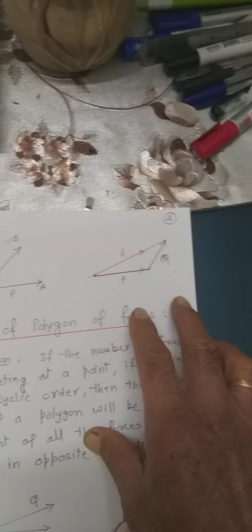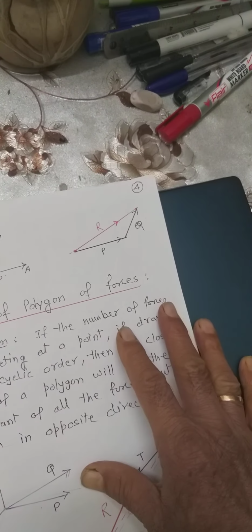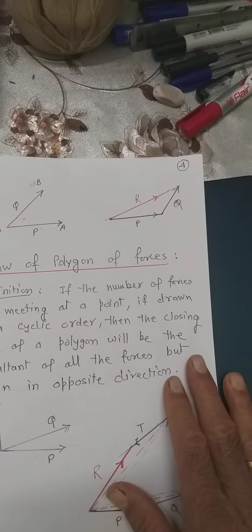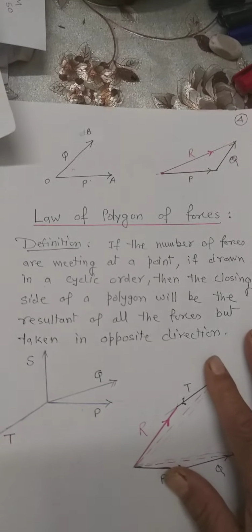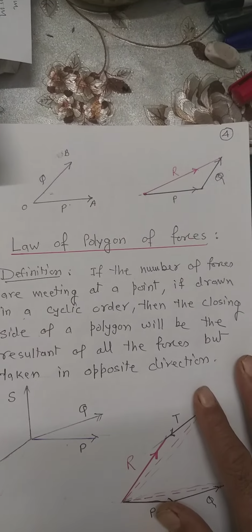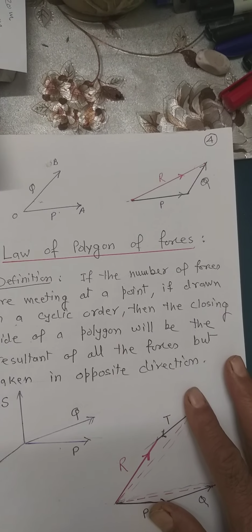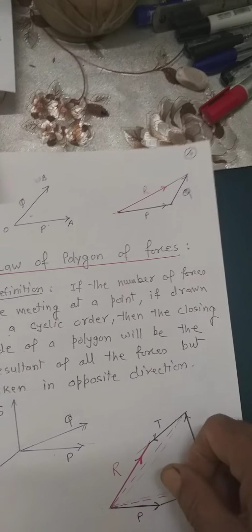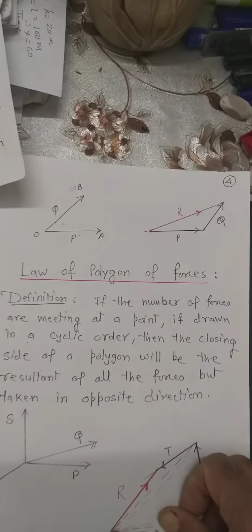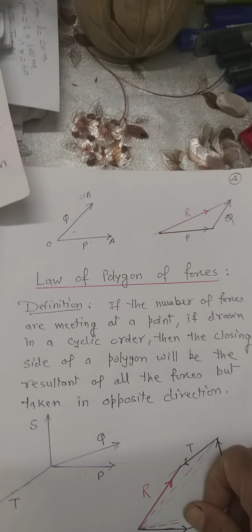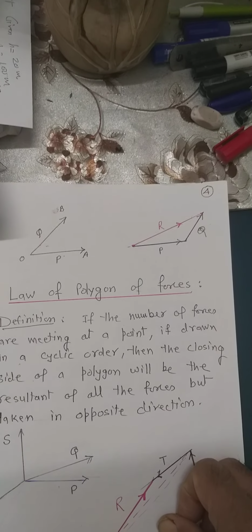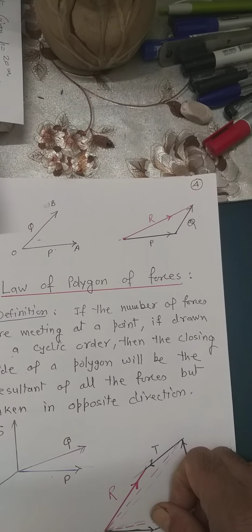Now here we are discussing the two forces. If the forces are more than two, we can call it the polygon of forces. So we have another important rule, which we can call the law of polygon of forces.